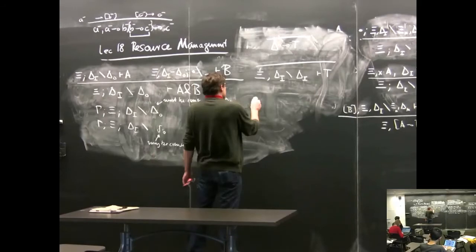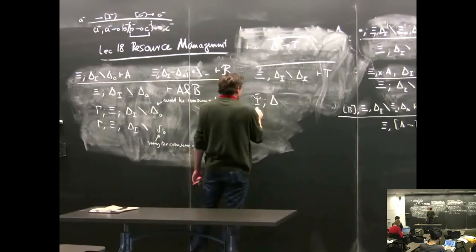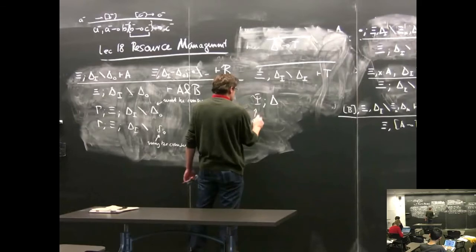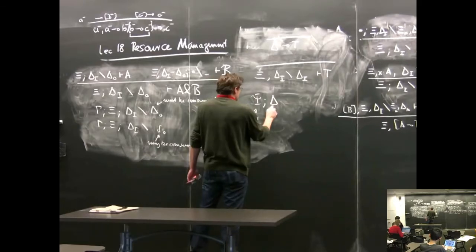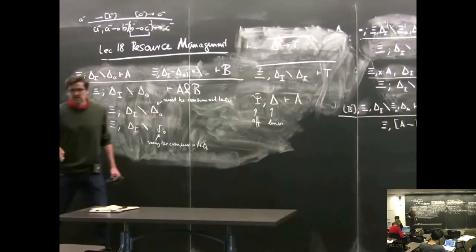Oh, I'm running out of letters. Psi we haven't used yet today. We have linear assumptions. So these are affine, and these are linear. And we're trying to prove A. How would we call on this resource judgment?